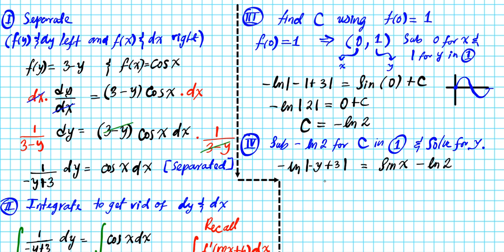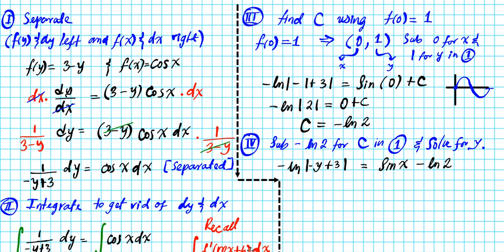The goal here is to get y isolated. We're going to start by getting rid of the natural logarithm, and then the absolute values, since this quantity is going to be positive. We'll get rid of the 3 and then the negative, in that order.